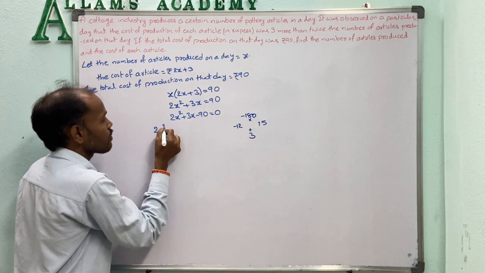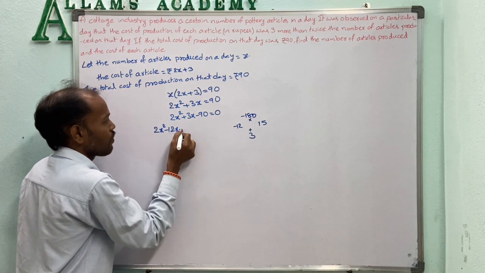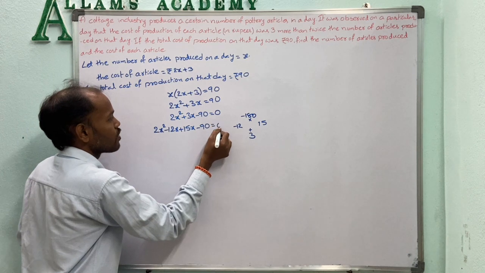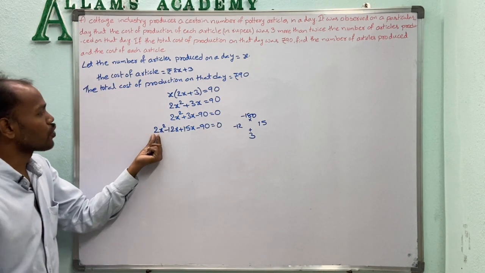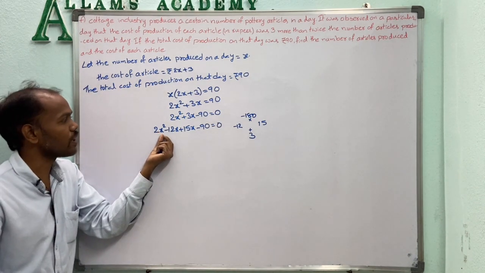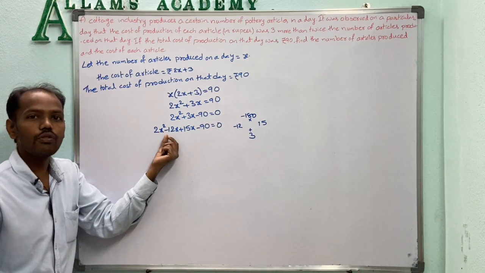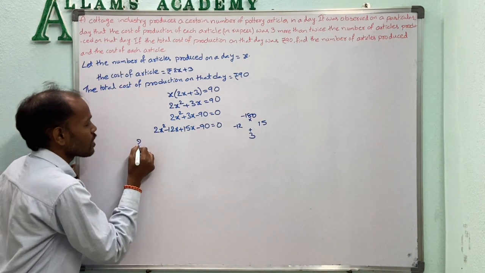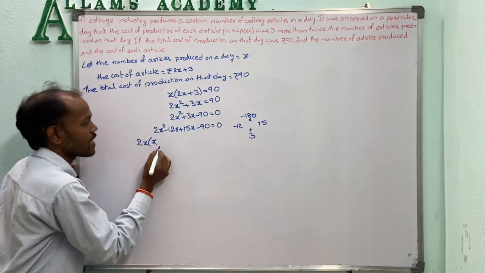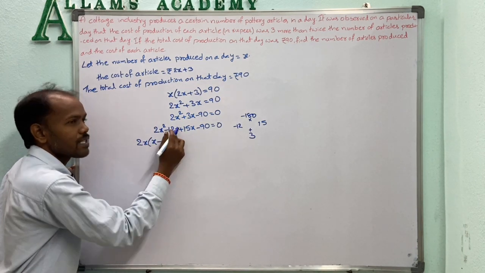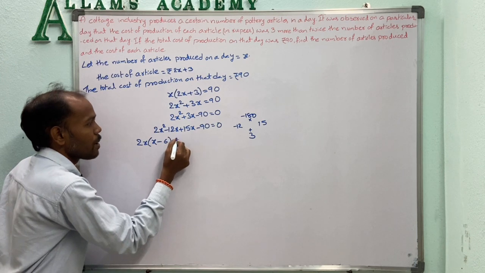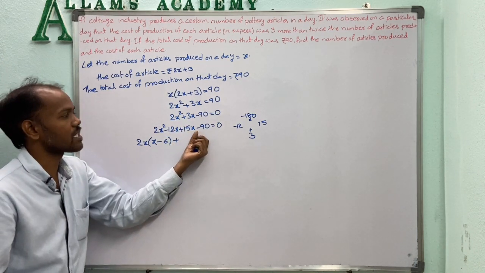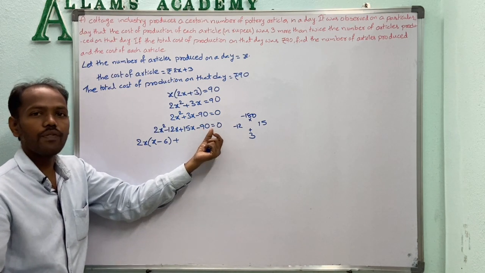So 2x square minus 12x plus 15x minus 90 equal to 0. Now here 2x square means we can write 2x into x. 12x means 2x into 6. So now in both, 2x is the common factor. Taking 2x common, here x minus 6. Then 15x means we can write 15 into x and 90 means we can write 15 into 6.